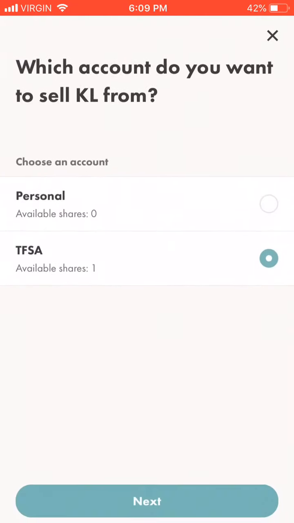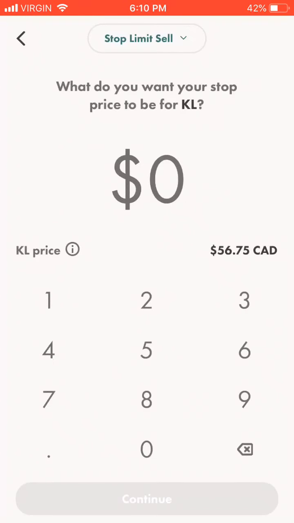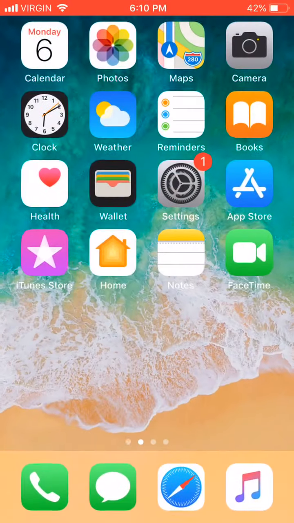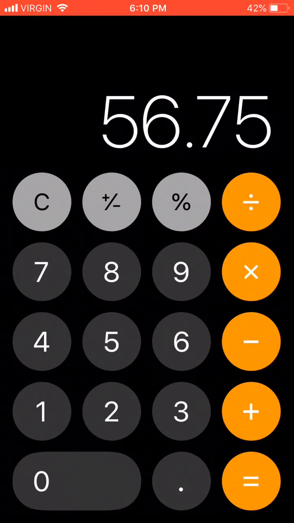Most people, if they do this, put a percentage. Let's use a calculator. Let's say $56.75, and if KL goes down 10%, I want to sell it.